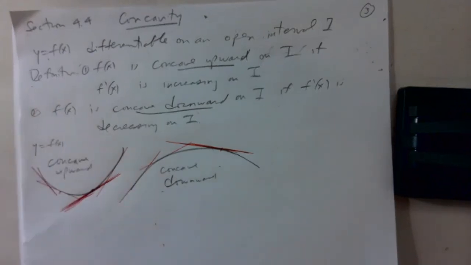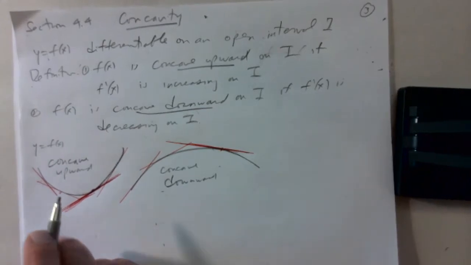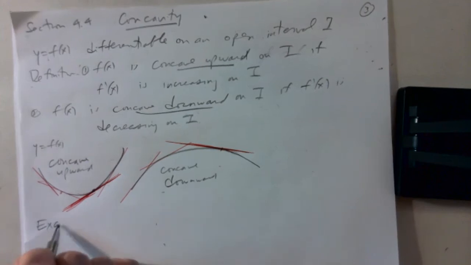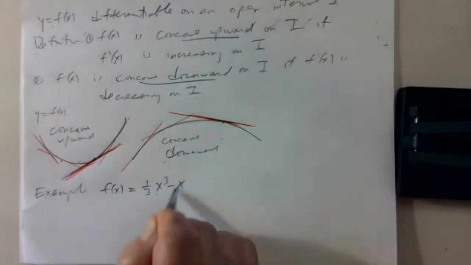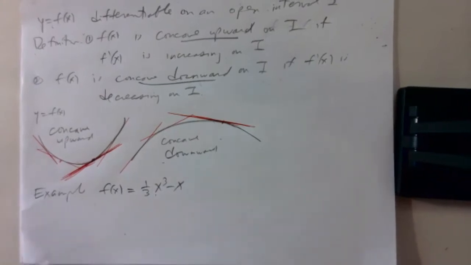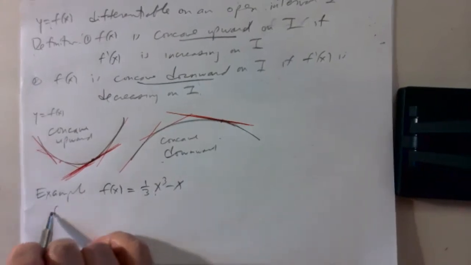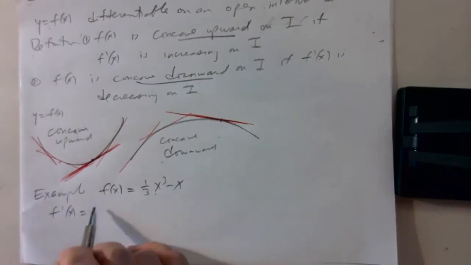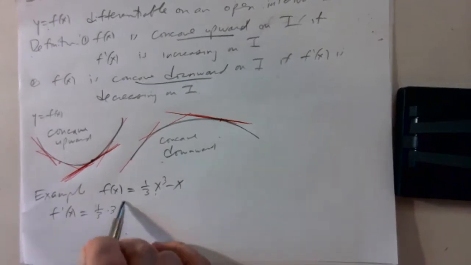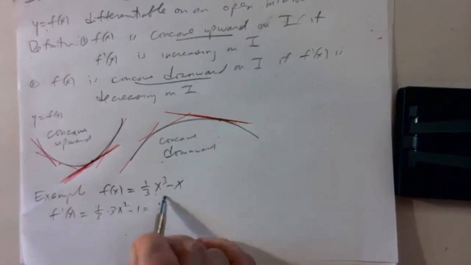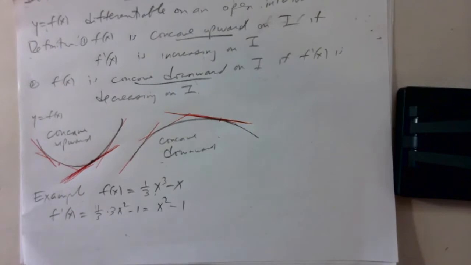Let's look at one simple example. Suppose we have the cubic curve, the function f of x equals 1/3 x cubed minus x. So for this function, f prime of x is 1/3 times 3x squared minus 1, or x squared minus 1.